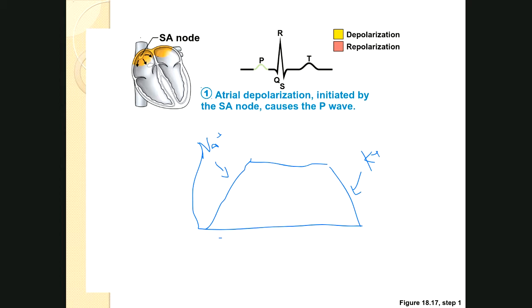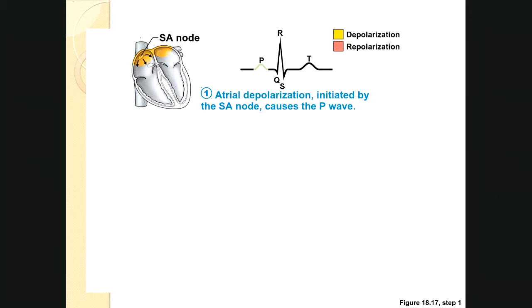And so look, if we look at the action potential on the heart, we can look at depolarization and we can look at repolarization. Remember, this is depolarization, this is repolarization. And so the contraction is going to happen between these two. So if we look at this, that's depolarization.